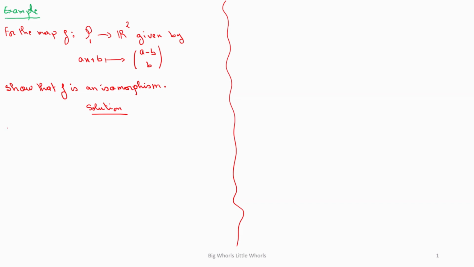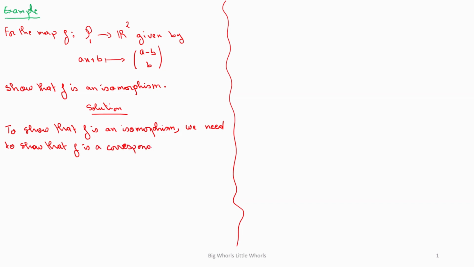To show that f is an isomorphism, we need to show that f is a correspondence and f preserves structure. So we need to prove these two things.